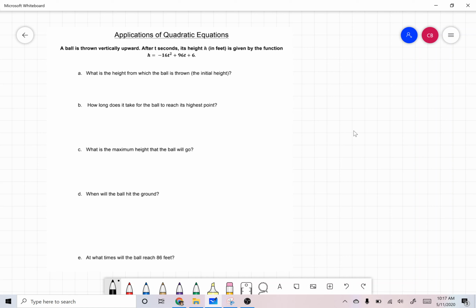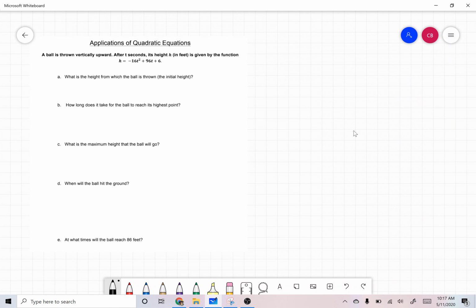So, when you're doing these, there's almost like a little progression chart that you want to follow, and it's helpful. First strategy should be to draw a picture. That's usually helpful.